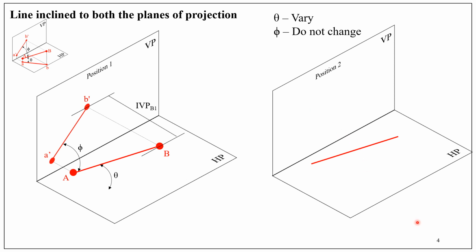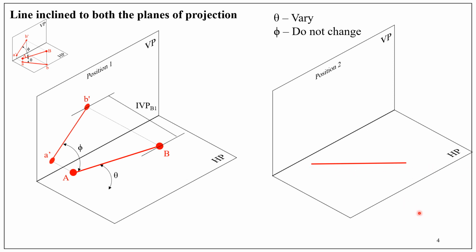Now it is rotated. After rotation, the line becomes parallel to HP. So what is assumed is the line B is rotated in clockwise direction about A, meaning position of A is unaltered, only B is altered such that the line becomes parallel to the horizontal plane.